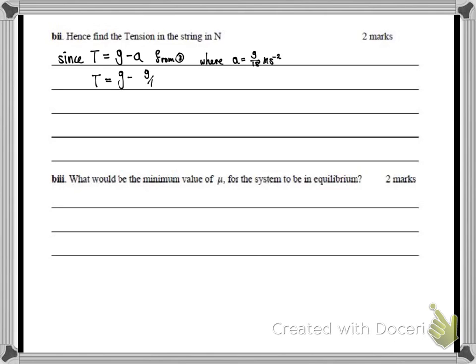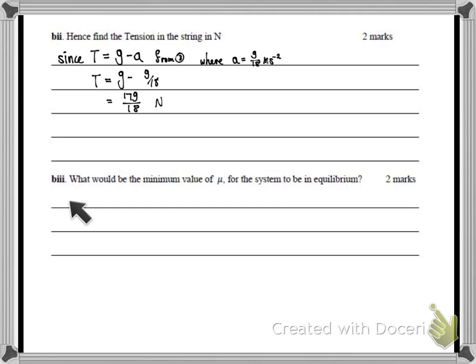So let's use that value, substitute it in, and simplify, and we get 17 over 18ths as a fraction of our gravity in newtons. So you can use 9.8 and multiply that out, 17 times 9.8 divided by 18, and express your answer in newtons.